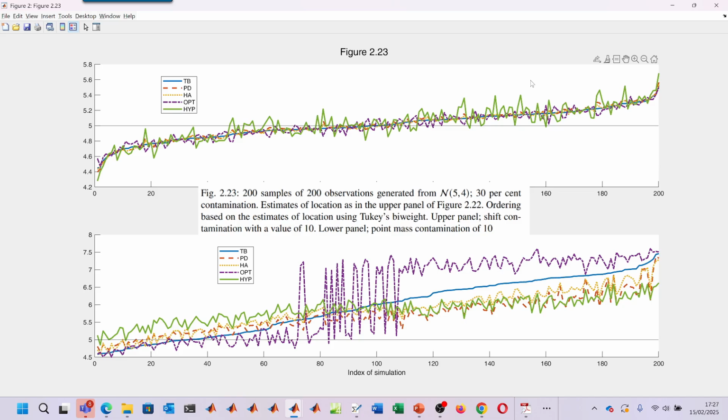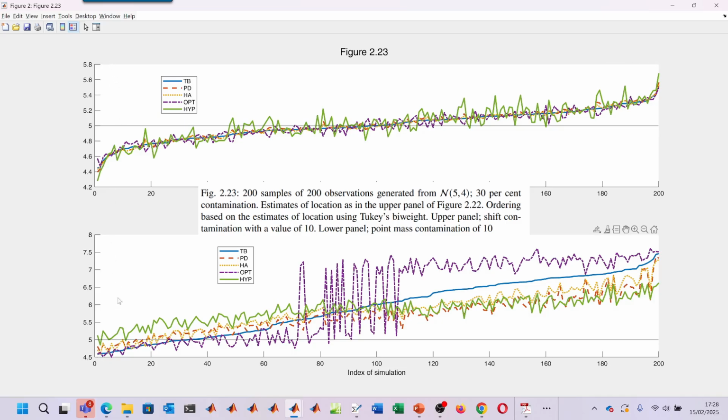We would like to stress that this is the literature for robust methods, and these are scenarios which are used to test particular procedures. They're considered to be the two most extreme. Of course, in a robust analysis of data, the pattern of outliers and contamination can be of any kind you care to imagine. In both panels we have the estimate of location. The top panel refers to the shift contamination. On the other hand, the bottom panel refers to point mass contamination.